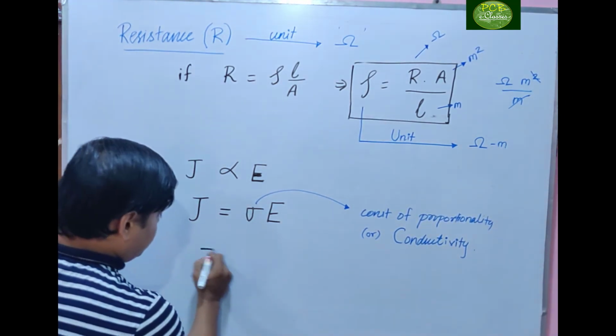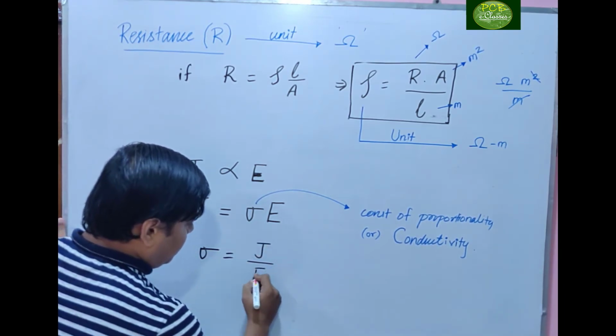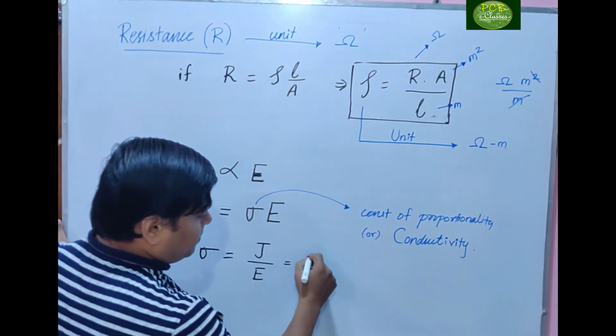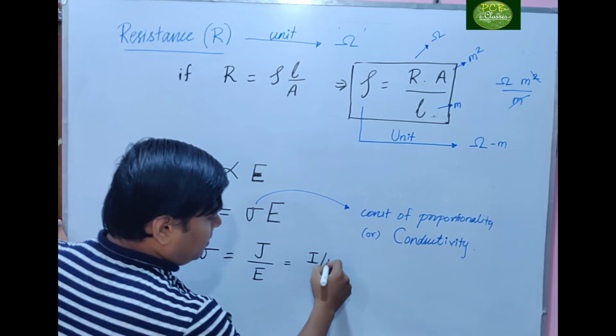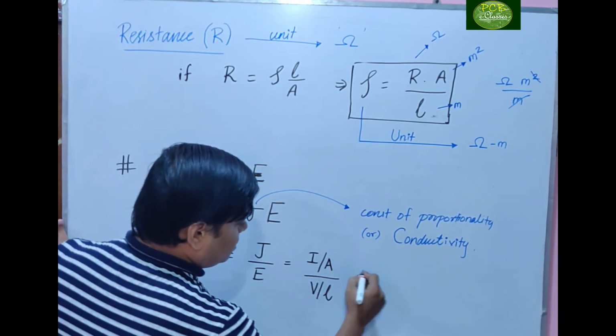Fine. So we'll take this one. Conductivity will be written as J by E. So what is J? I by A. And E is V by L. So what will be written?